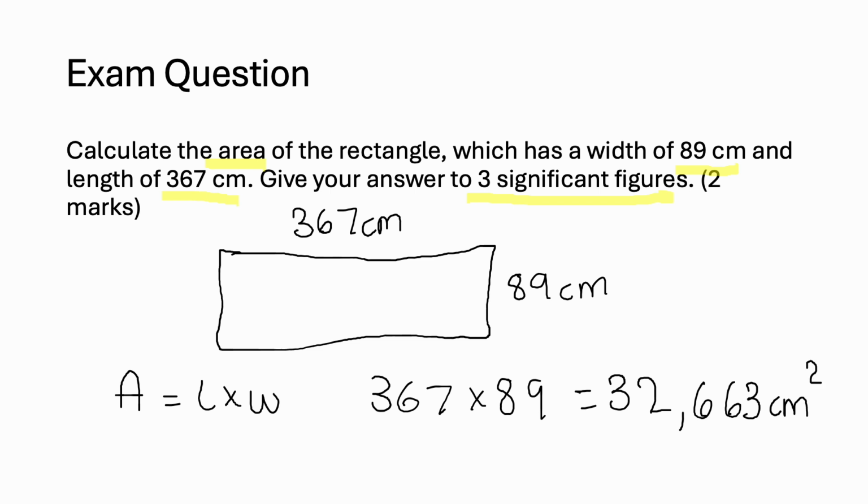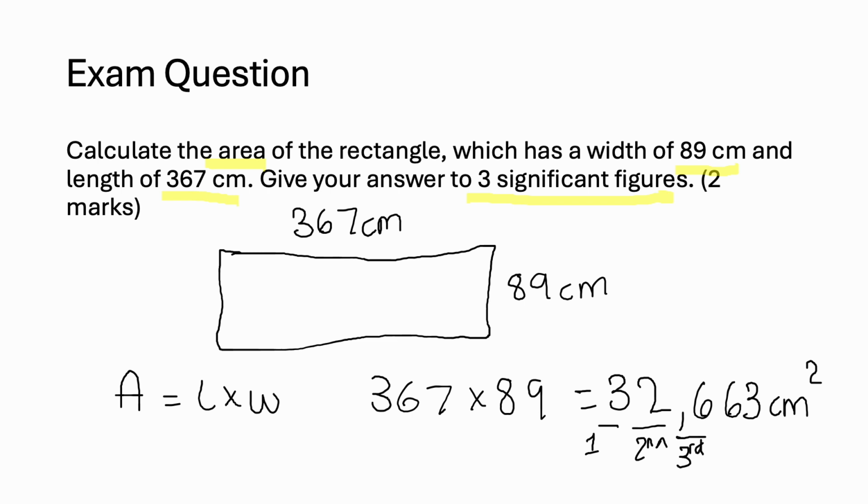But that's not it, because it says that we must give our answer to 3 significant figures. So let's look. The 3 here is the first significant figure, the 2 is the second, and the 6 is the third. We look at the number to the right of the 6, which is the 6.